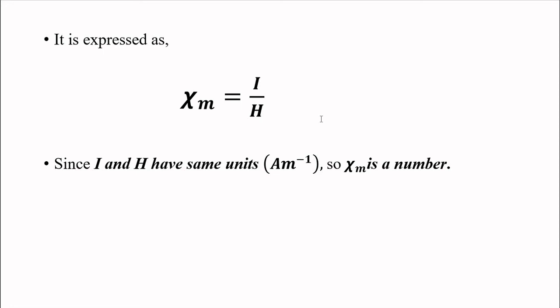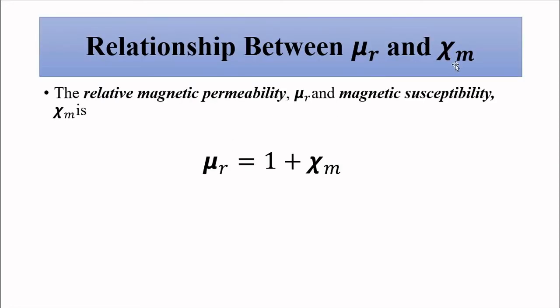Now, the relationship between relative permeability and magnetic susceptibility. There is a derivation part to this. I have not gone into that part because we are not discussing it in detail. I just wanted you to refresh those concepts that are important. These concepts you have already studied at the +2 level, or 11-12 level, in high school.